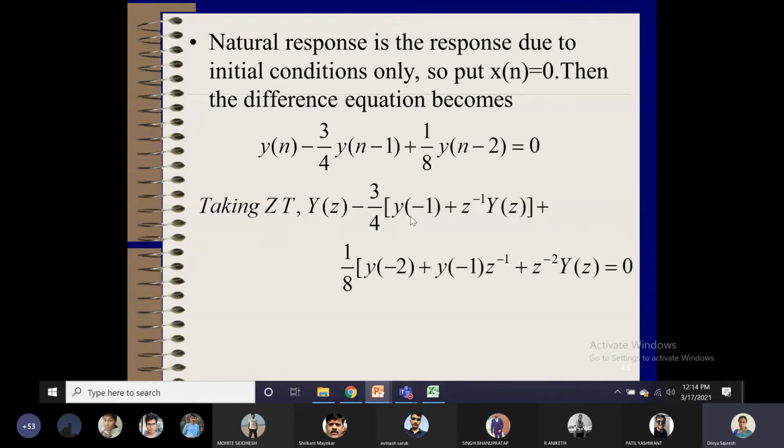First term is y of minus 1 plus Z inverse into Y of Z. For a shifted signal by 1 unit, the terms are y of minus 1 plus Z inverse into Y of Z. Plus 1 by 8 into y of n minus 2, so it is shifted by 2 units. What are the terms for 2 units? Y of minus 2 plus y of minus 1 into Z inverse plus Z raised to minus 2 into Y of Z.